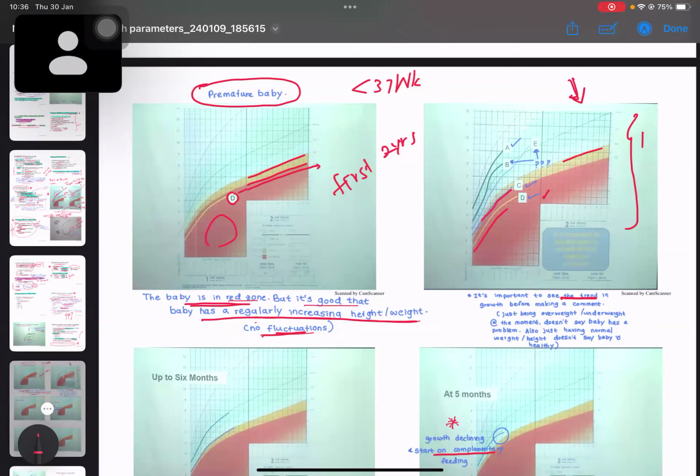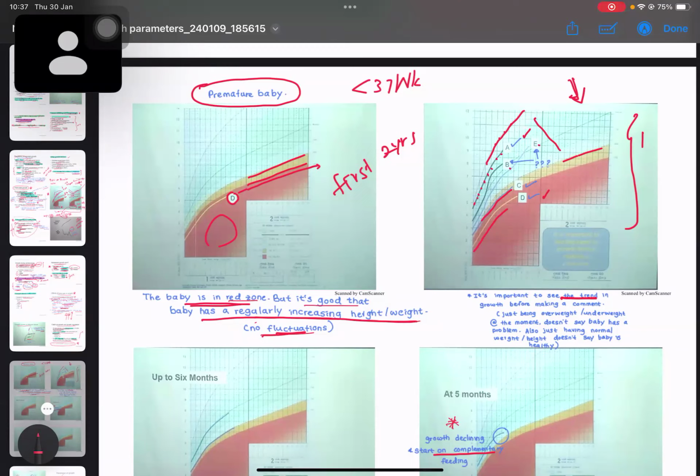A is also in the green area, and he keeps on increasing, and it's also parallel to this centile line. So A is also okay. But in the case of B and E, there are fluctuations.